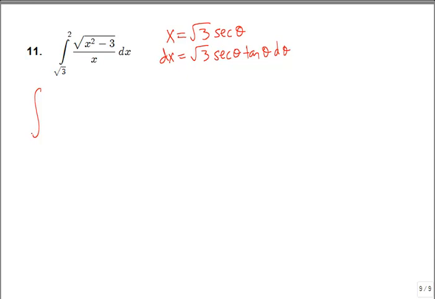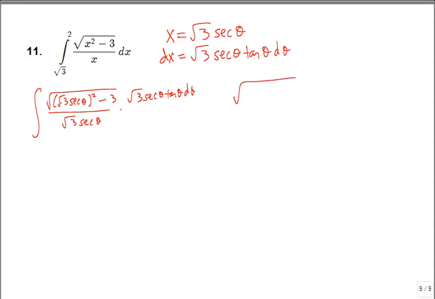So leaving off the bounds for now, this becomes the square root of 3 secant of theta quantity squared minus 3 over square root of 3 secant of theta, that's my x, and then my dx is square root of 3 secant of theta tangent theta d theta. Now a little scratch work for this part right here. That's going to become, when I square this, 3 secant squared theta minus this 3.